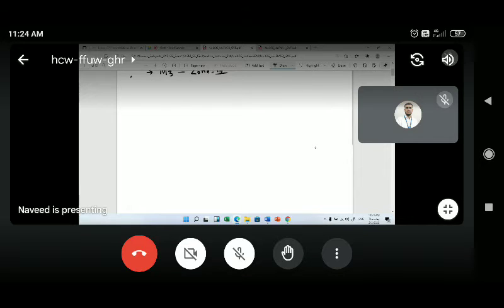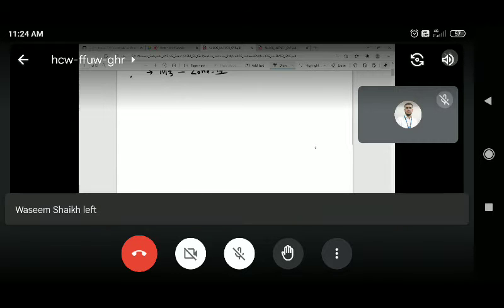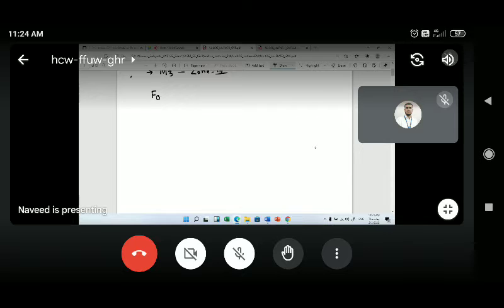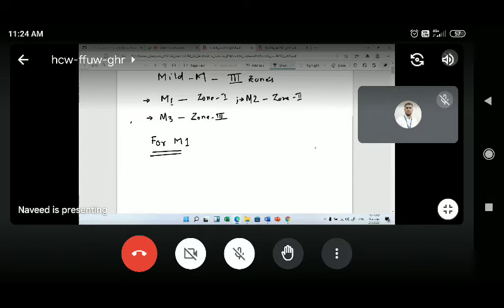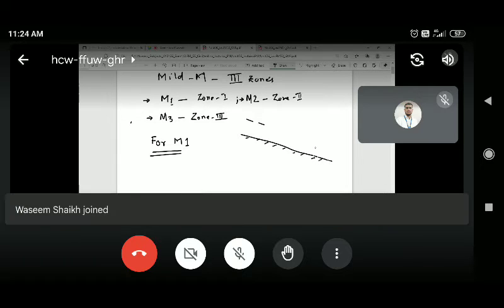So for the M1 profile, the actual depth is y. You know that you drew the mild slope yesterday. This is the mild slope, not too steep, and the zones are divided by a dotted line.